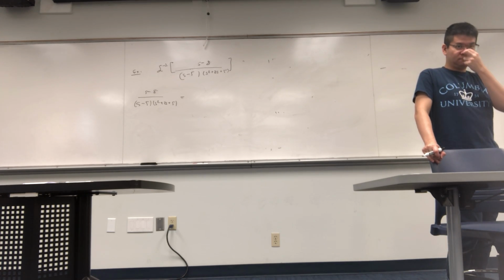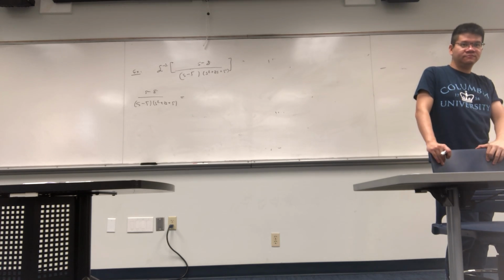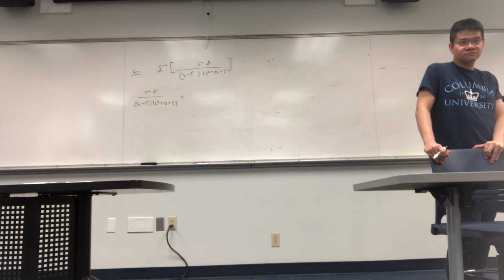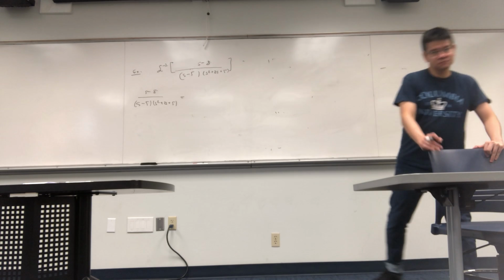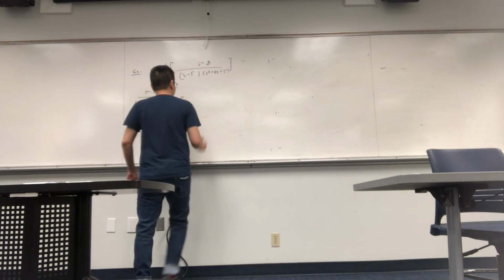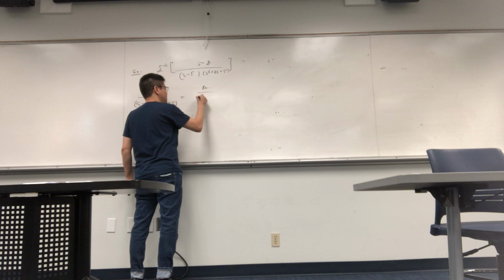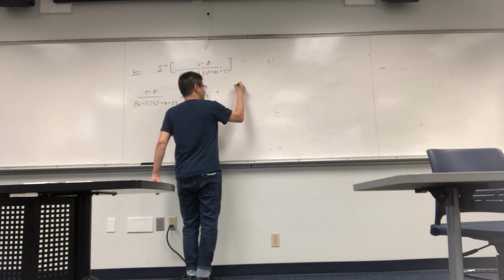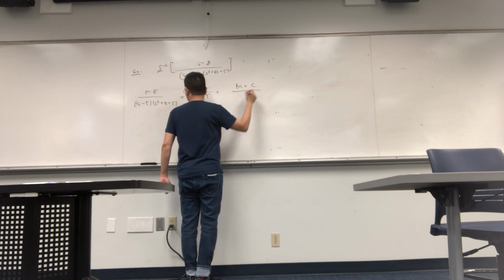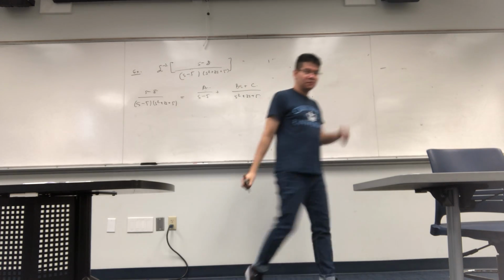Would it be A over s minus 5 plus Bs plus C over s squared plus 2s plus 5? Yes. So you have A over s minus 5 plus Bs plus C over s squared plus 2s plus 5. Right?